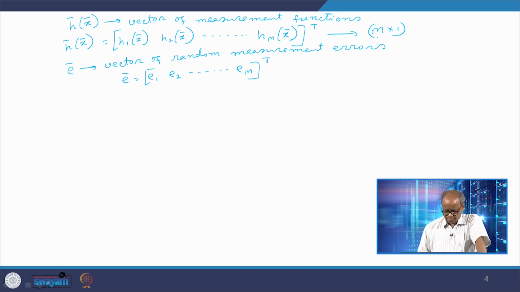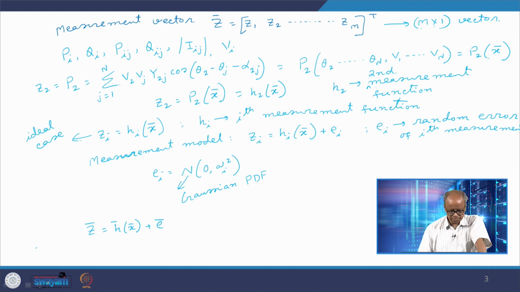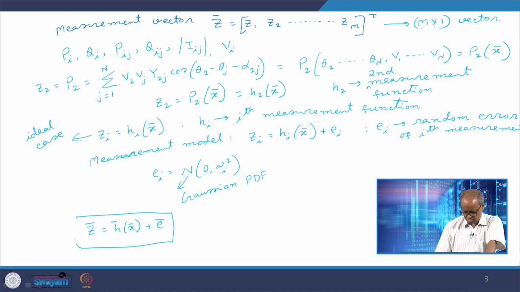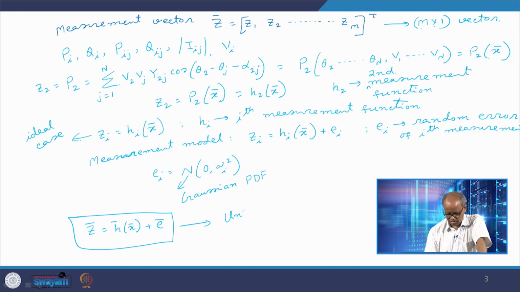So, what I have is this model. This is the state estimation model, and this is the underlying equation. Now we have to estimate x hat from this set of equations.